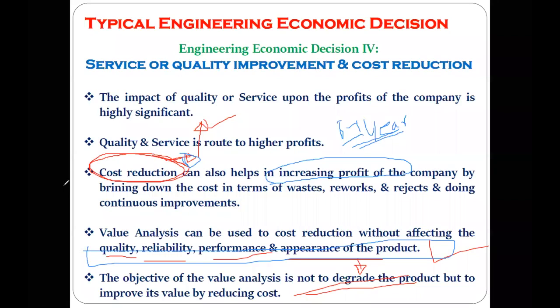Now in the previous engineering economic decision, we have already discussed on which factor the manufacturing cost of the product depends. On which factor manufacturing cost depends, or the production cost of some product consists of what? Raw material. That is the fixed cost plus variable cost. Correct?